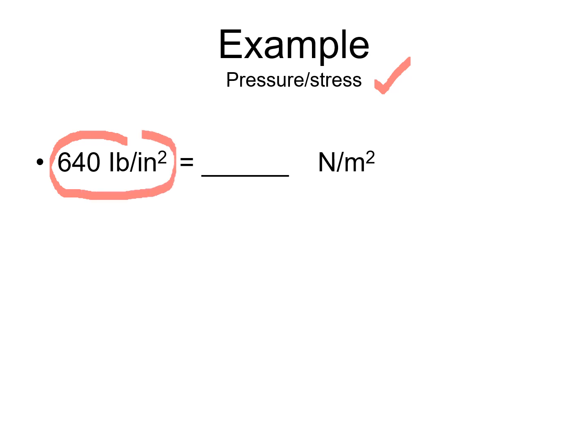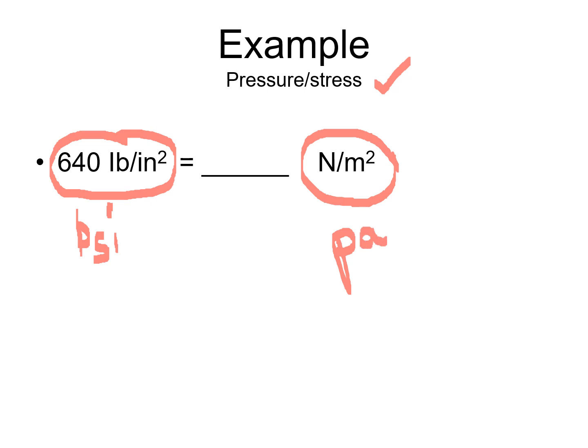For 640 pound per inch squared, this unit is PSI, pound per square inch. I want to convert into Newton per meter squared. This unit is actually the unit of Pascal.